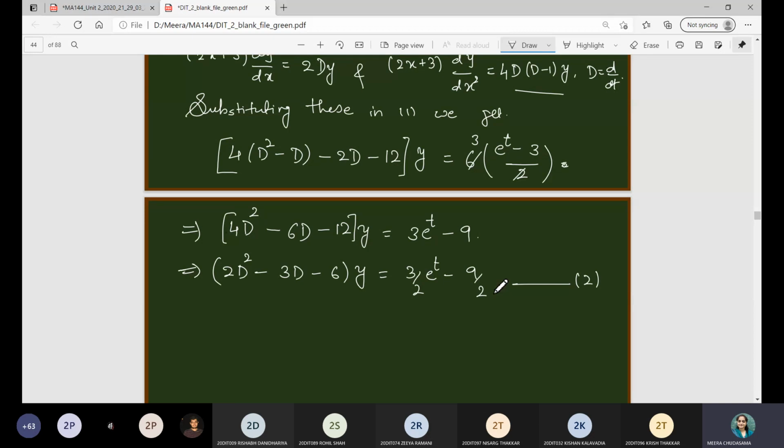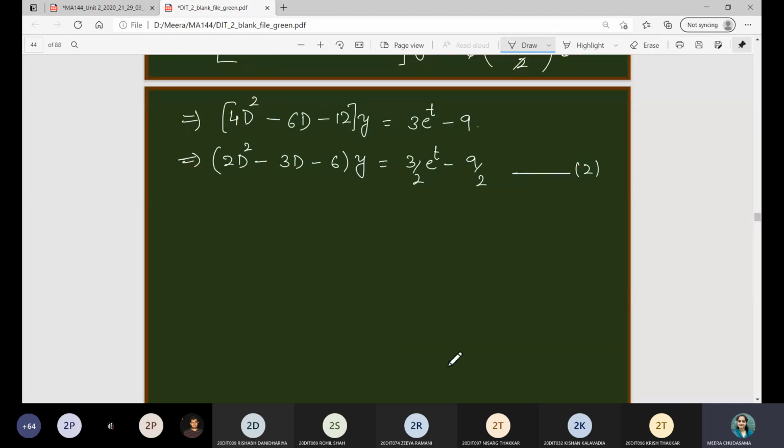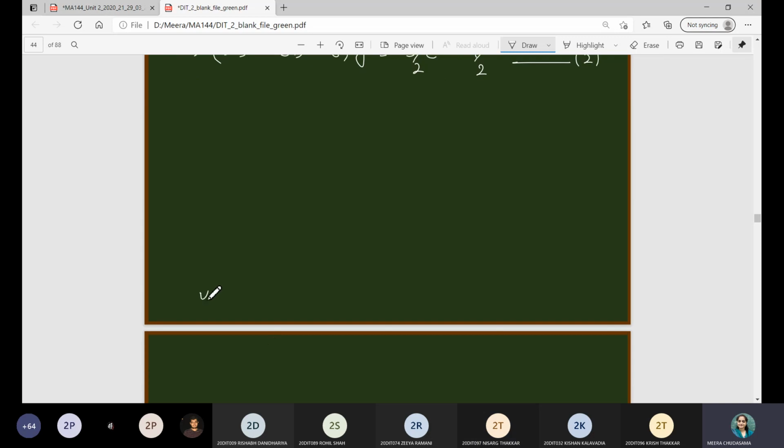So first we will find out the complementary function, then we will find out the particular integral, right? So find out the complementary function and let me know what answer you are getting. yc is equal to C1 e raised to t into (3 plus root 57 by 4) t, that means argument of t, I will write it first and then the variable.